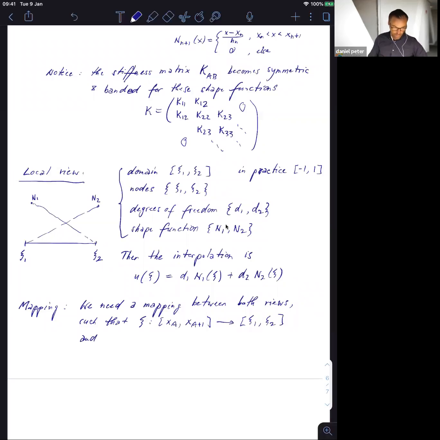And we want the mapping of point xa to become position psi1, and the mapping of xa plus 1 to become psi2.